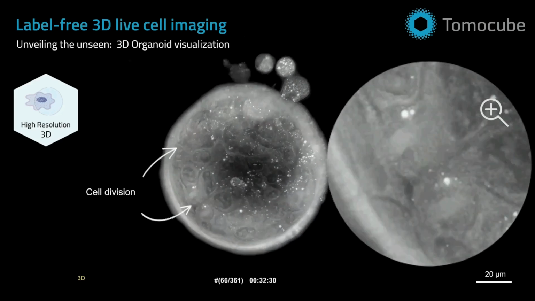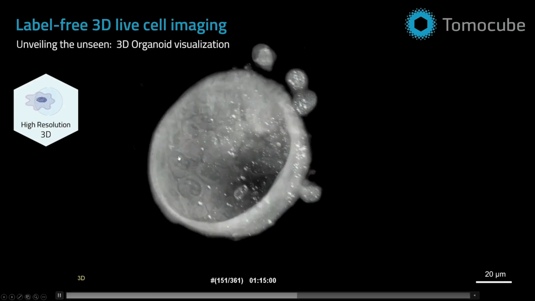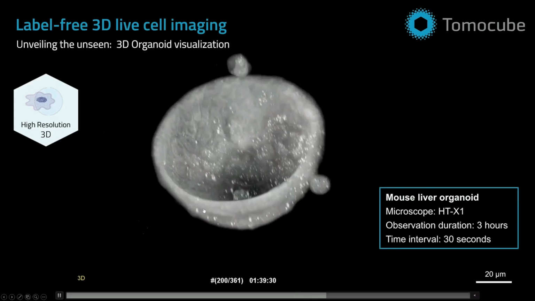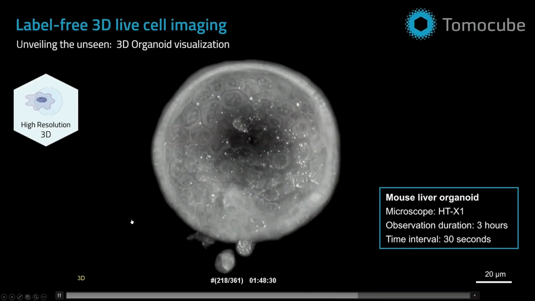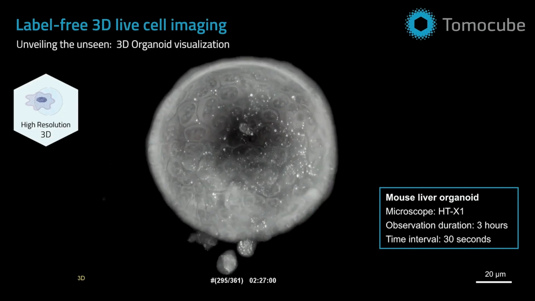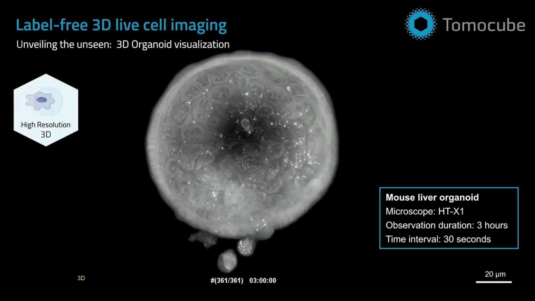Now we provide high resolution 3D, so you can even observe the subcellular structures and mitosis, and you can also see the formation of apoptosis. Those are the information that we can generate. This is 3 hours of movies, and you can also observe the organoids for days and weeks.